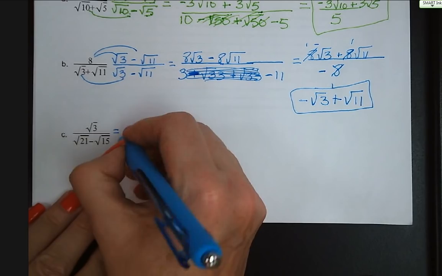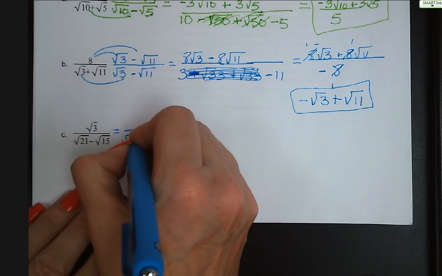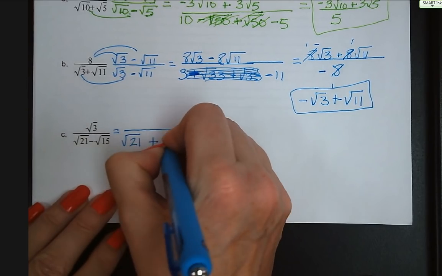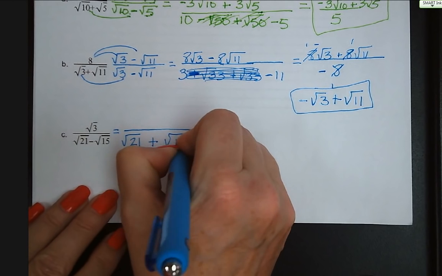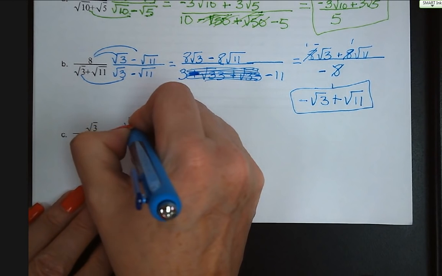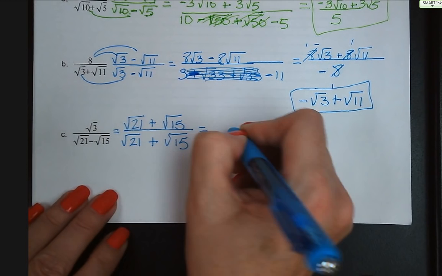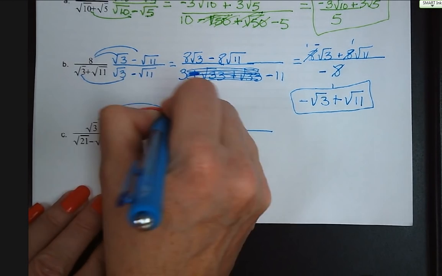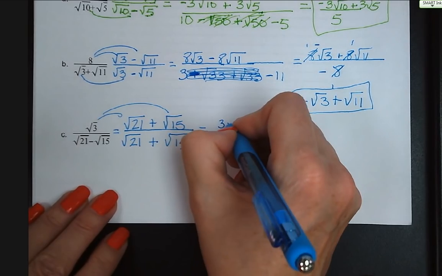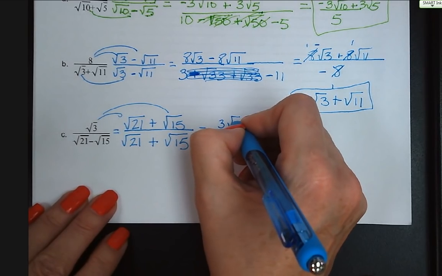You're all thinking it. Square root of 21 minus square root of 15. The conjugate of that would be the square root of 21 plus the square root of 15. So when we multiply that out, we get the square root of, well, I just broke it into my factors right away. Square root of 3 times 3 times 7.